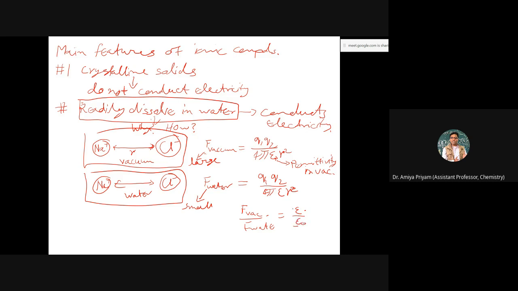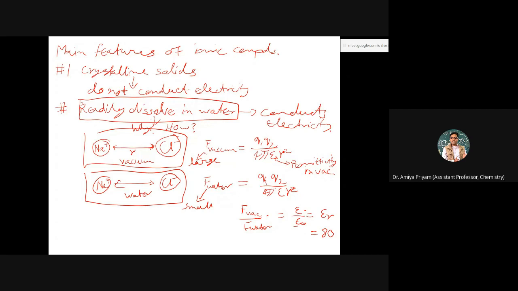So this ratio will come out to be... थोड़ा सा जगह कम पड़ रहा है यहाँ पे. So, vacuum, and this ratio we then denote by epsilon r, which is about 80 times. So this is around 76 to 80 times, ऐसा कुछ आता है.